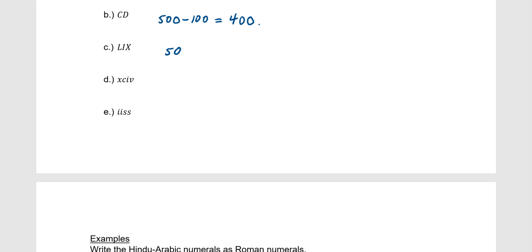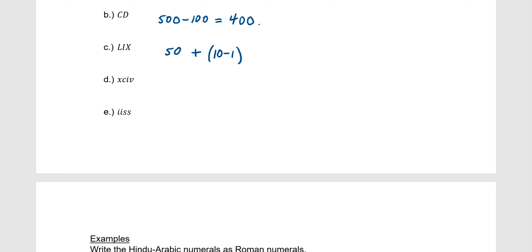I is 1, X is 10. So 1 is less than 10, so we have to actually subtract 10 minus 1, and then we're going to add that result to that 50. So it's going to be 50 plus 10 minus 1.